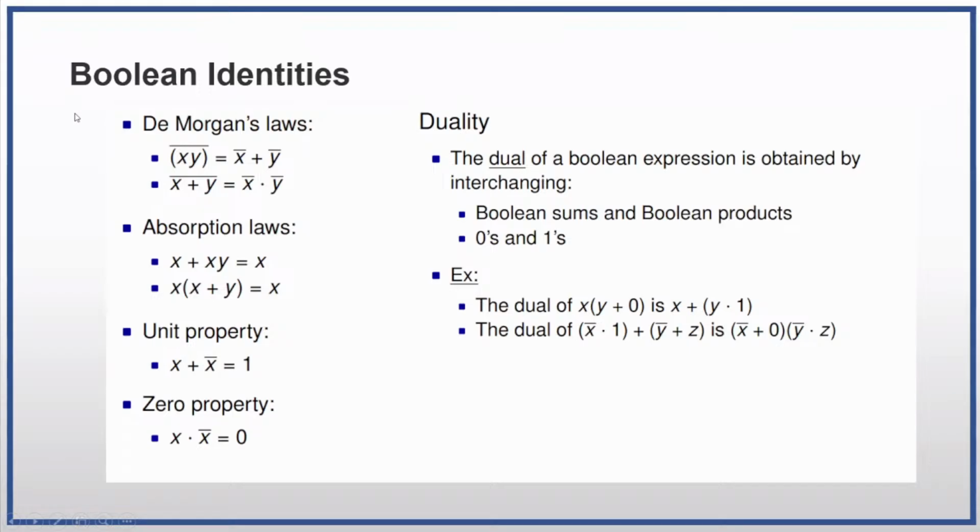So the next Boolean identity is De Morgan's law.